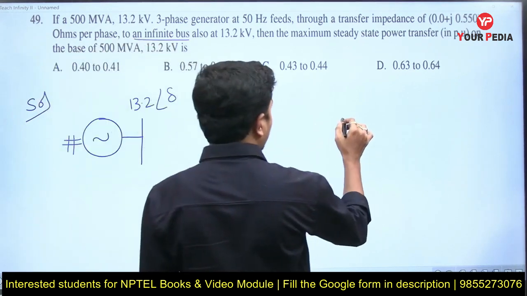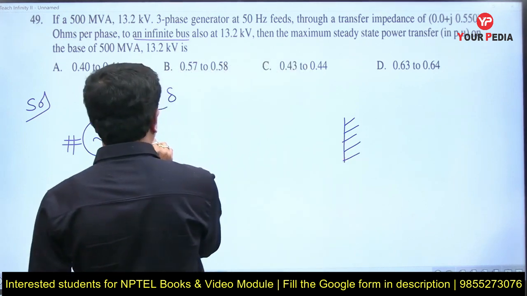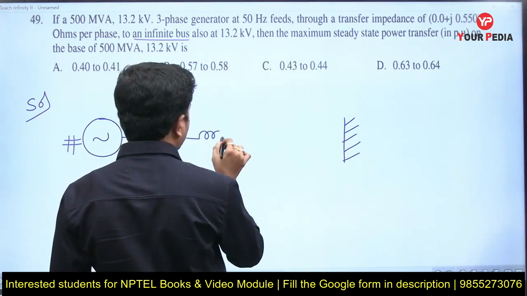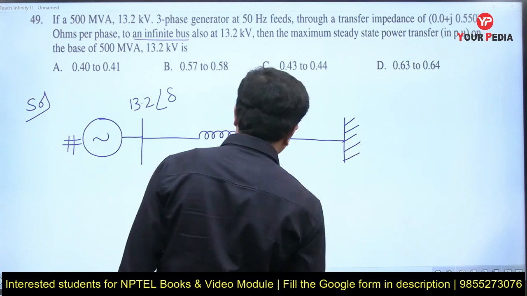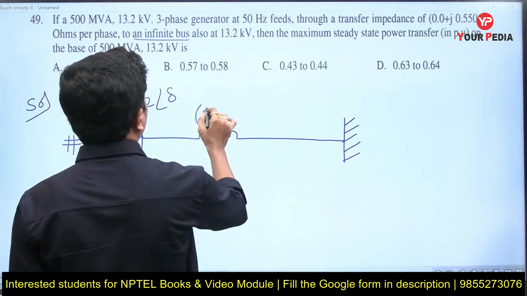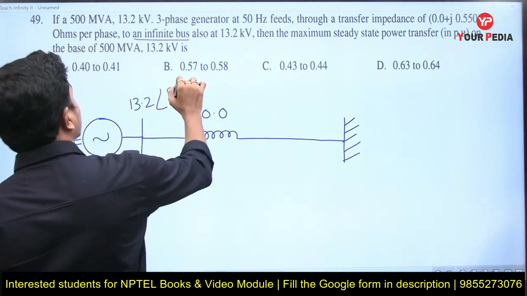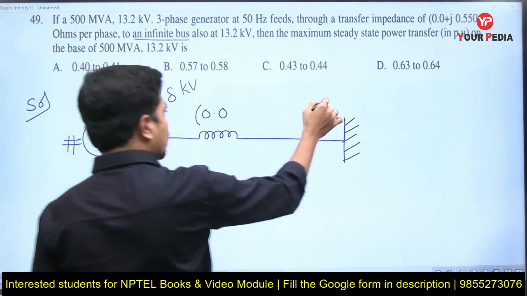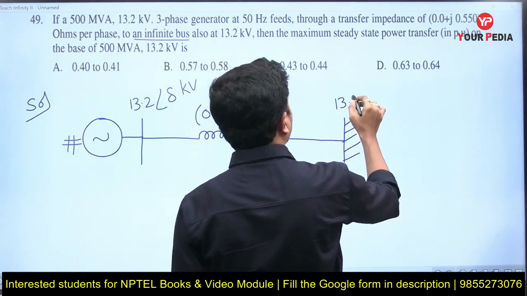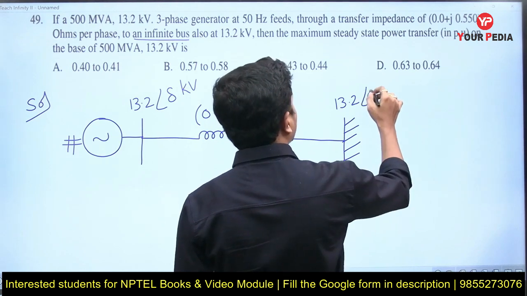And there is an infinite bus, which is represented this way. And there is one transmission line whose impedance he is mentioning, in ohms and not per unit. This voltage is also 13.2 kV, at an angle of 0 degrees.